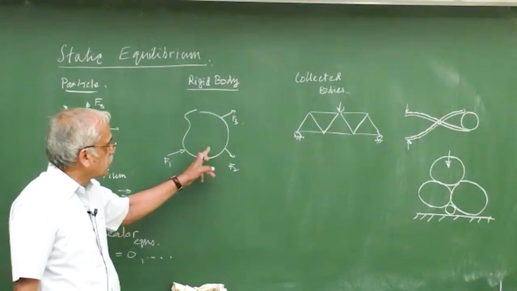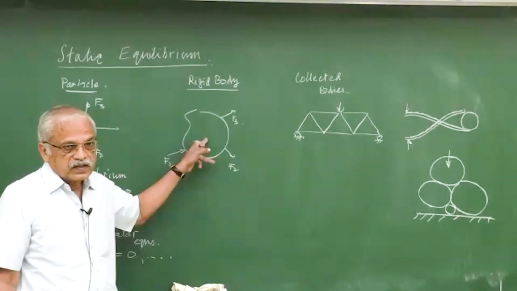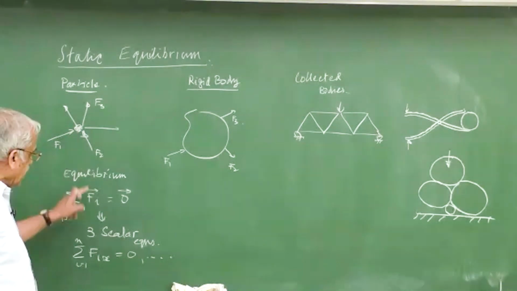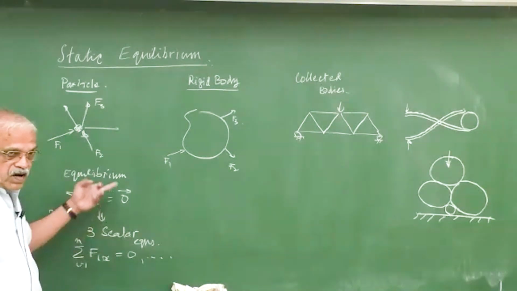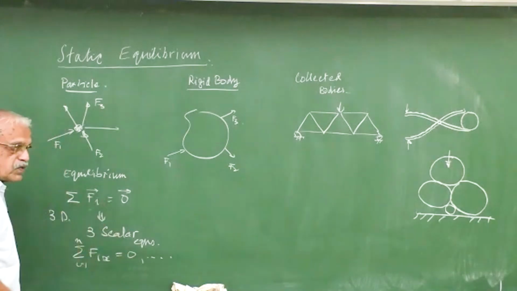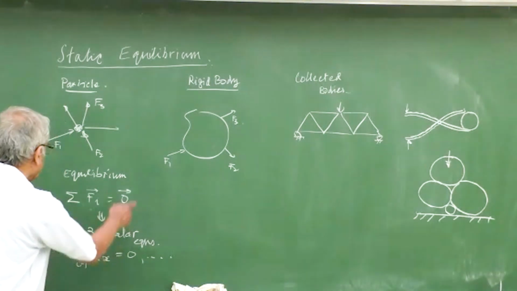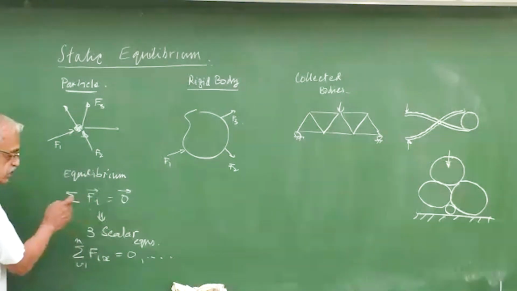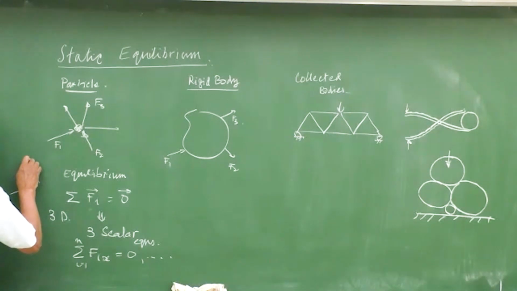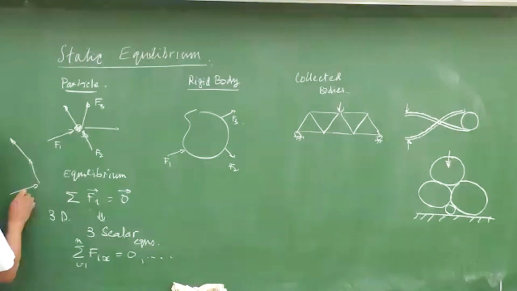What are the issues here for a rigid body? Since all of these forces are acting on this body, either you can write it in the vectorial form, or we can even write it in the form of a polygon, in a graphical sense. You can write F1 like this one, F2 like this one, and F3 like this one.